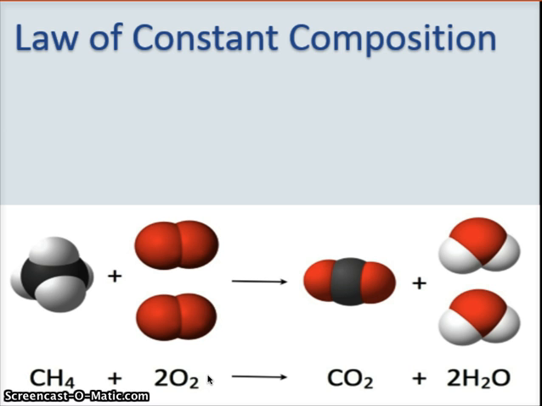The law of constant composition just says that you will always have the same number of elements in that compound for every sample. For example, I think that was a little confusing. So if you have 5 different samples of CH4, every single sample must have 4 hydrogens to 1 carbon.